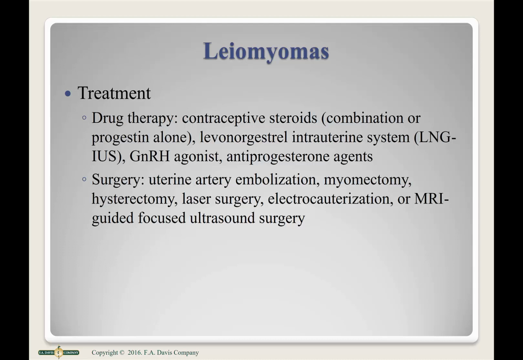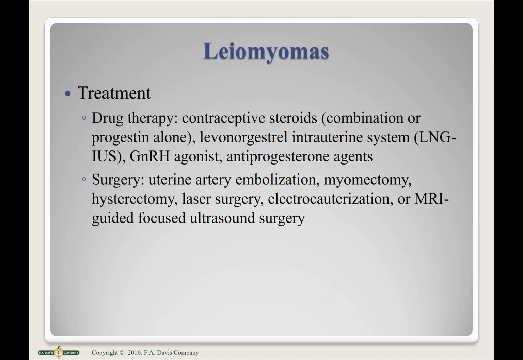As a matter of fact, I don't even know if we have them in Missoula. But basically it is putting some sort of blocking agents in the arteries that feed the fibroid, cutting off blood supply to the fibroid, and then they disintegrate and go away.